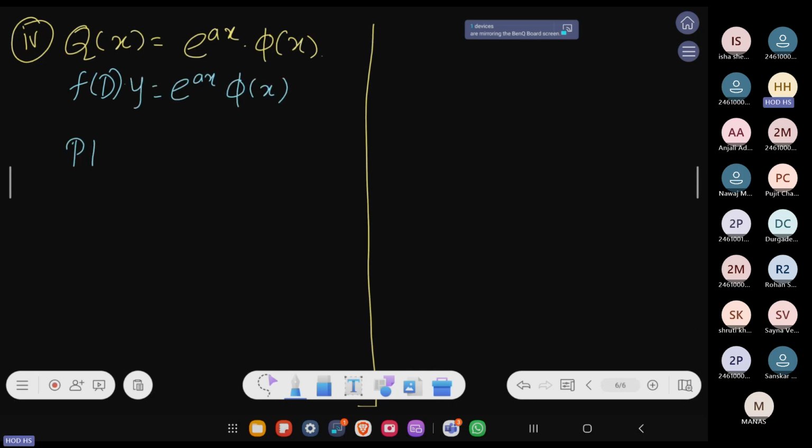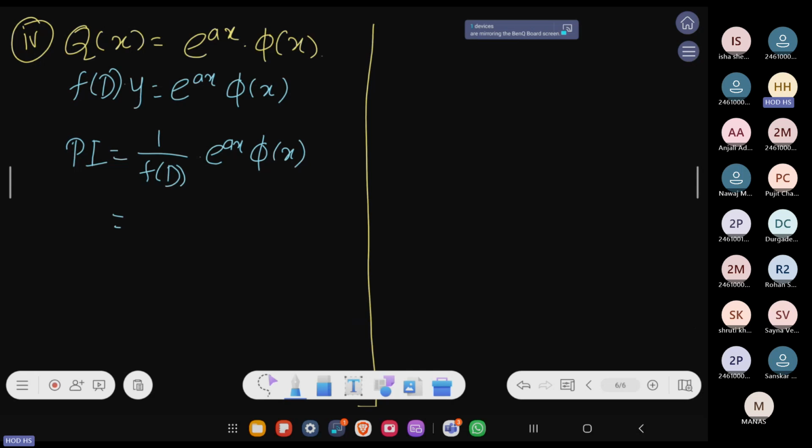Then in this case, my particular integral should be 1 upon f of D times e to the power ax phi x, right? Phi can be any function. Mostly it will be trigonometric or polynomial.